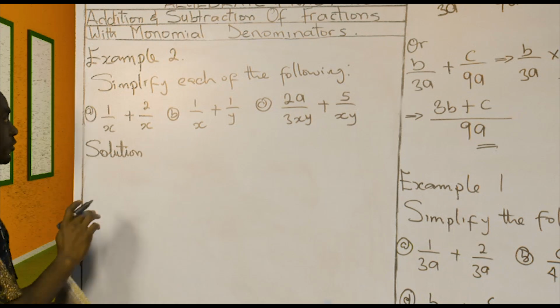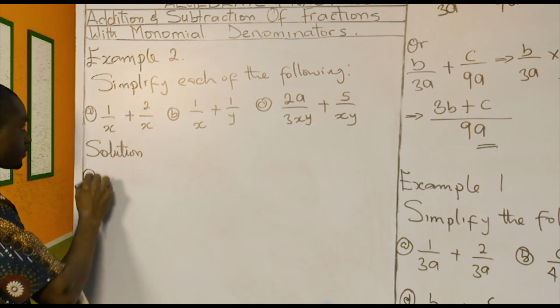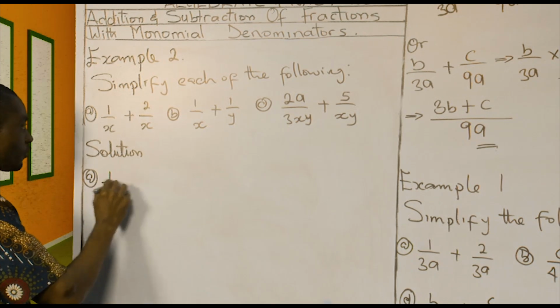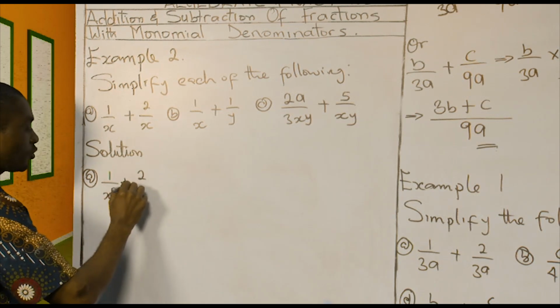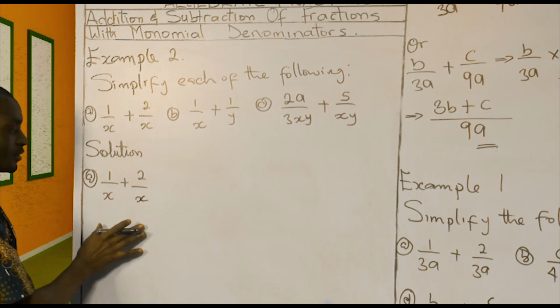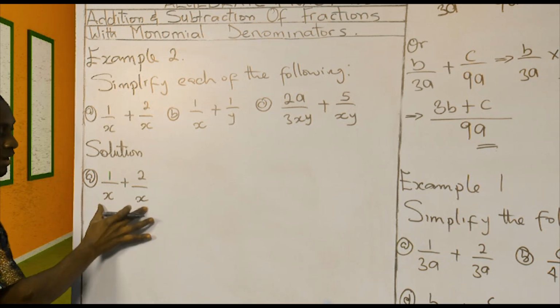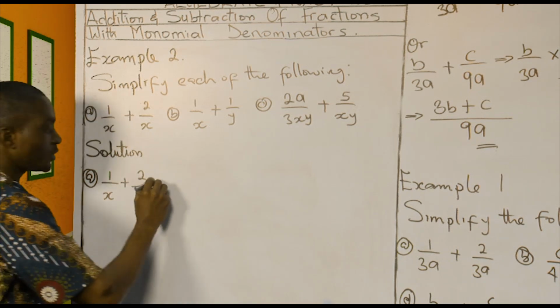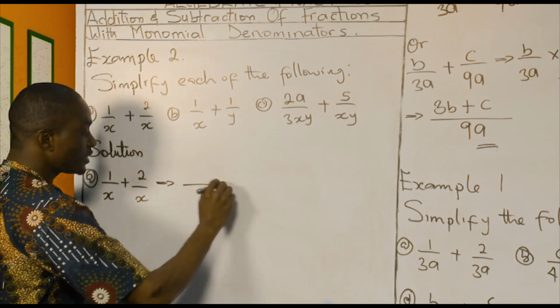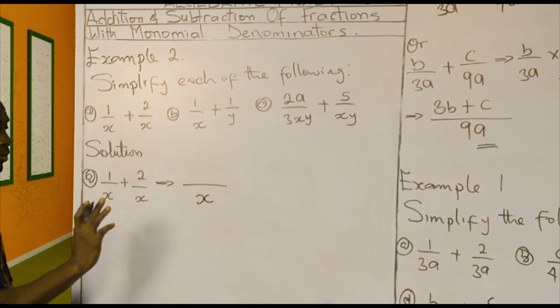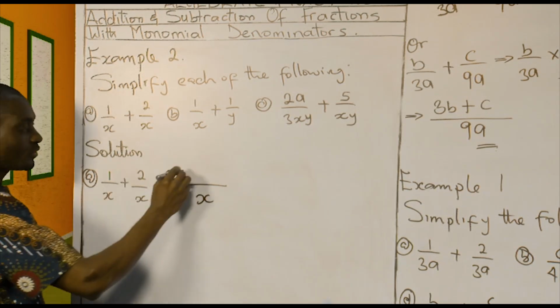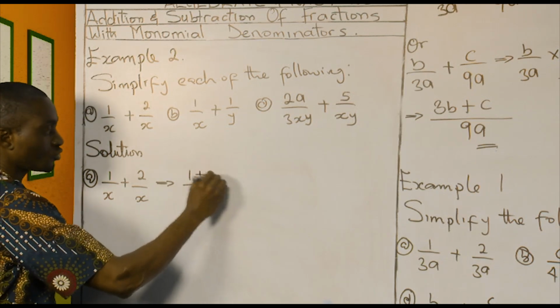Now let's start proper. A, we have 1 over x plus 2 over x. Notice that we have common denominators here, which means the denominator we are going to have is x. This will give us 1 plus 2.